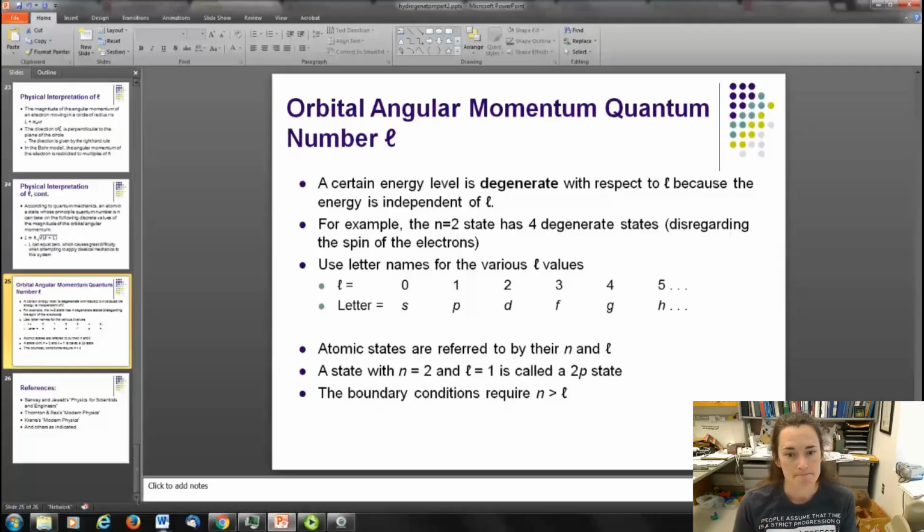Okay? So for the n equal to 2 state, you've got 4 degenerate states. You've got your n equal to 2, L equal to 0, ML equal to 0, and then you have your n equal to 2, L equal to 1, ML equal to 1, 0, minus 1. So that gives you 4 degenerate states for your n equal to 2 system.